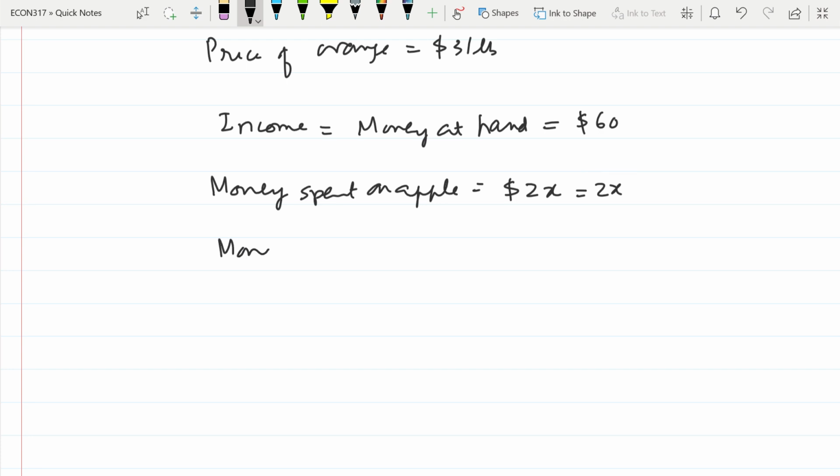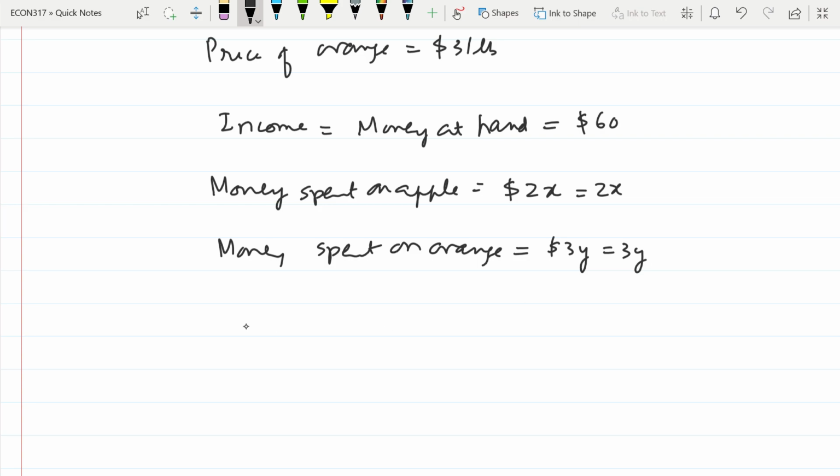Similarly, money spent on orange, $3 per pound is the price, Y pounds is the amount we are buying, so 3Y.